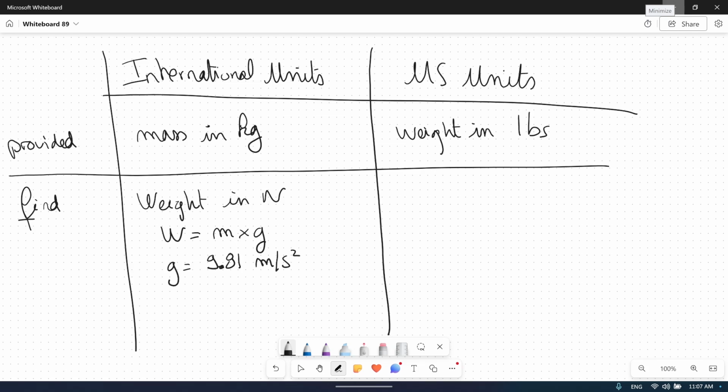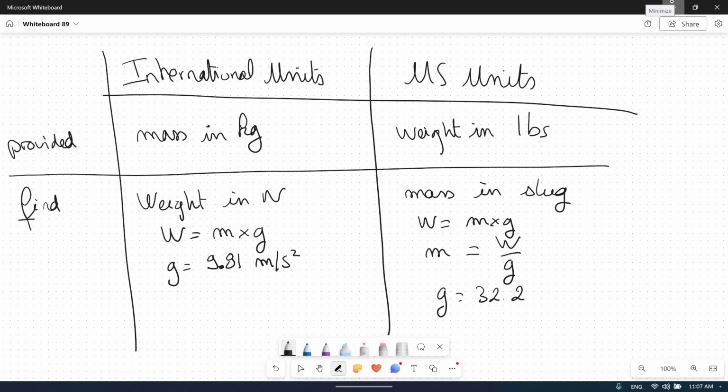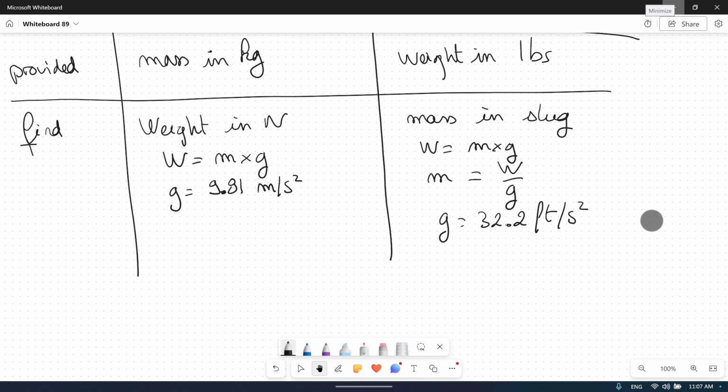Here, what we need to find is the mass in slugs. And what do we use? It will be the same thing, W equals M times g. But because we want to find M, that will be M equals W divided by g. And in this case, g equals 32.2 feet per second squared. Okay, different units. What does that mean?